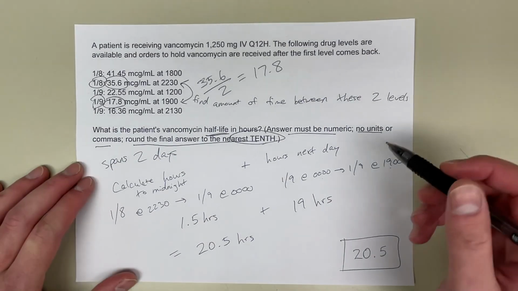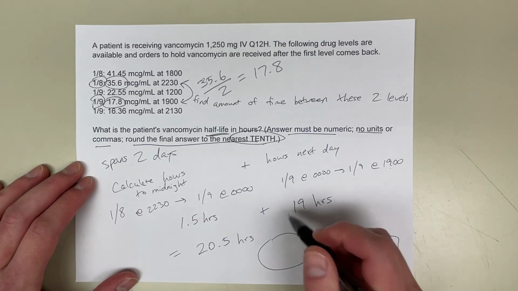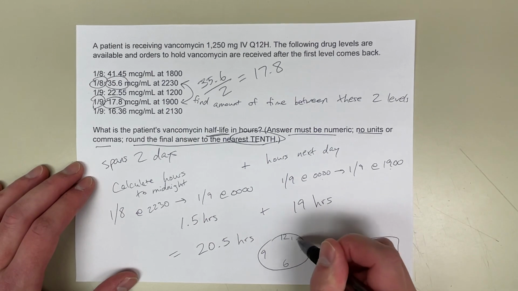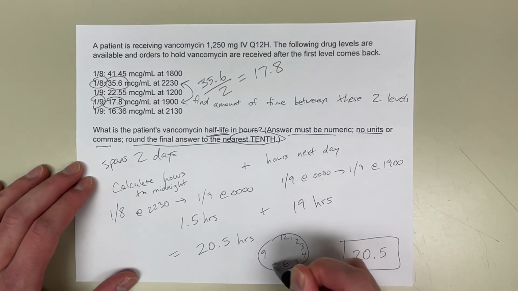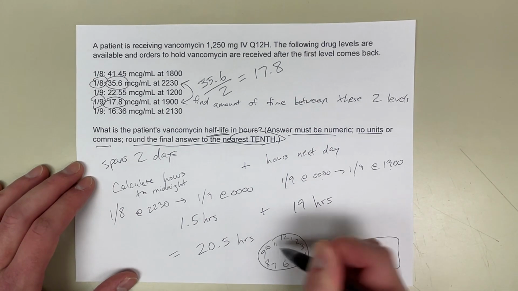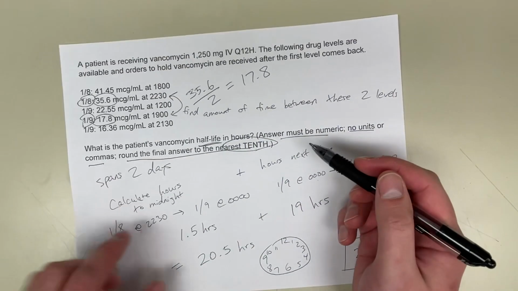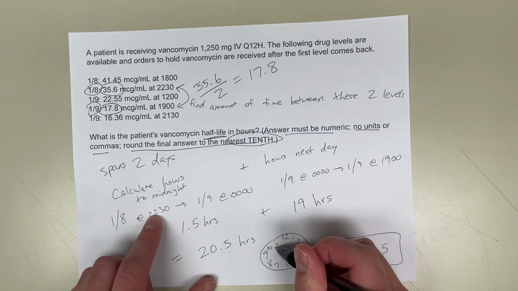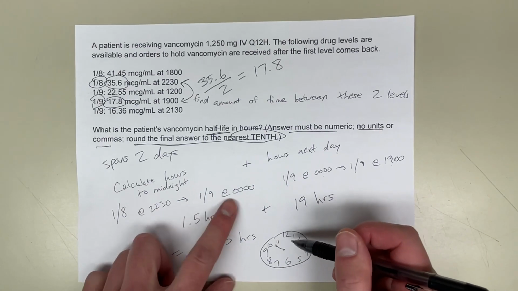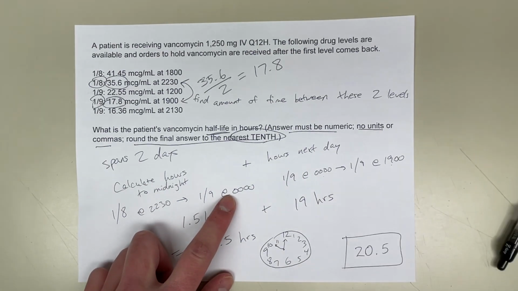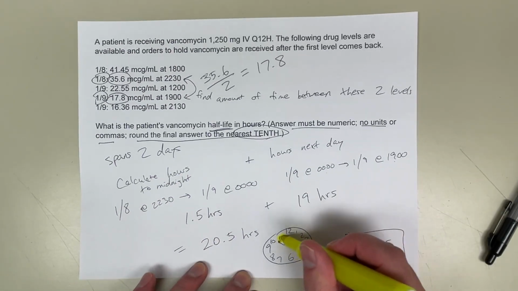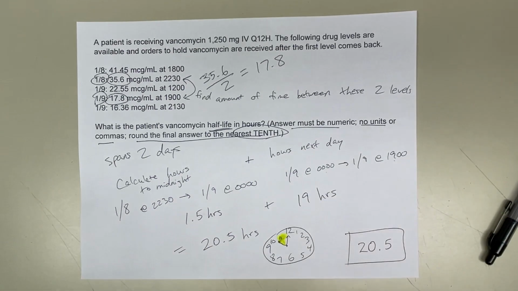Sometimes it helps people to visualize a clock in their mind to solve for this. The first thing I calculated here was from January 8th at 22:30, so it's about right here, all the way to midnight. That's what I calculate first. This is 1.5 hours.